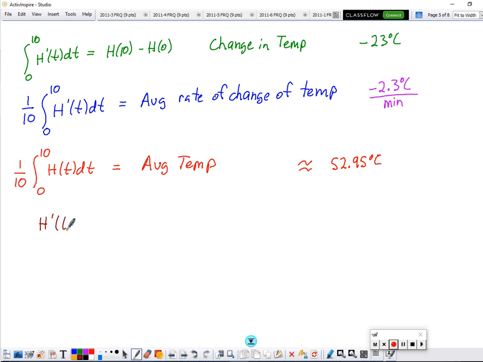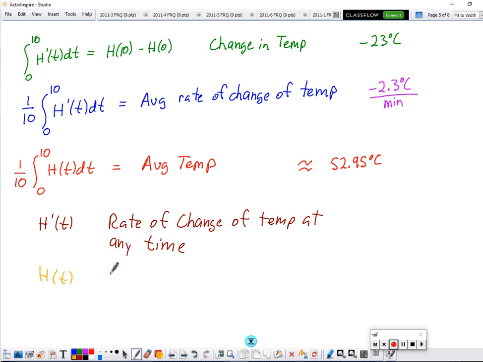H prime of T is just the rate of change of the temperature at any time. Similarly, H of T is the temperature at any time.